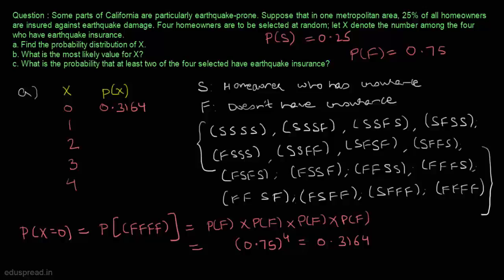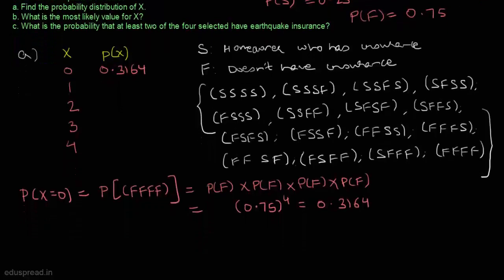Let's now find the probability that X is equal to 1. So the corresponding outcomes are, for X to be equal to 1, we need only one person to have insurance in our sample of 4 persons.